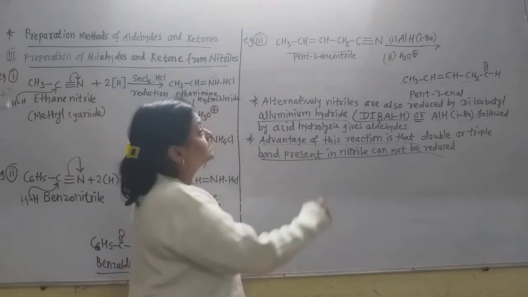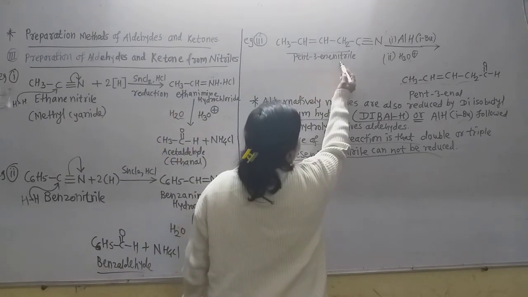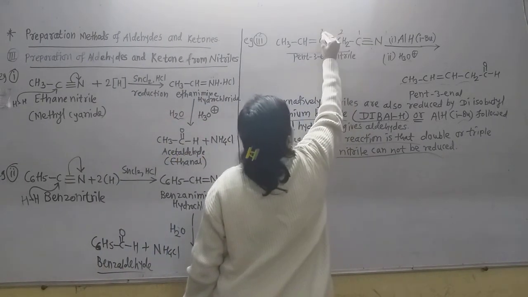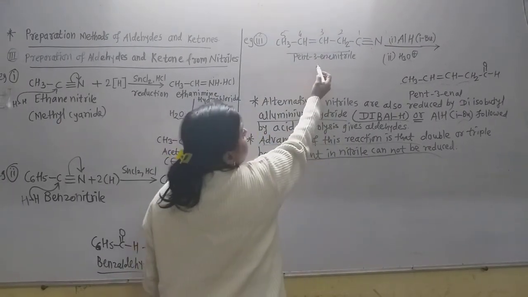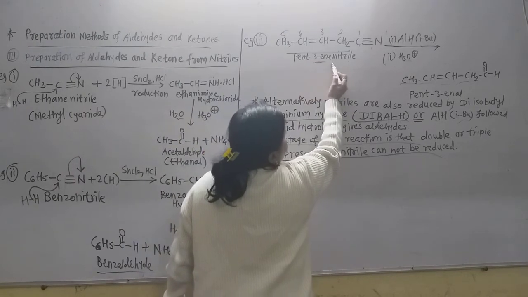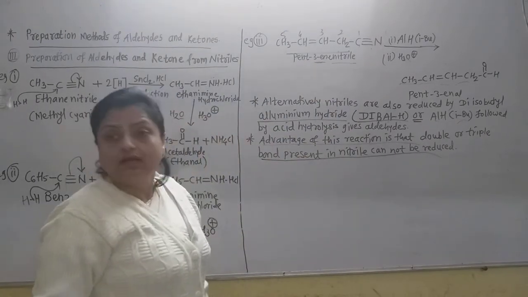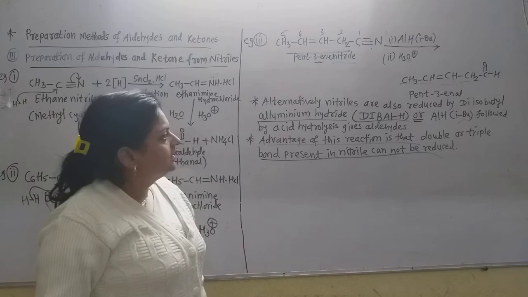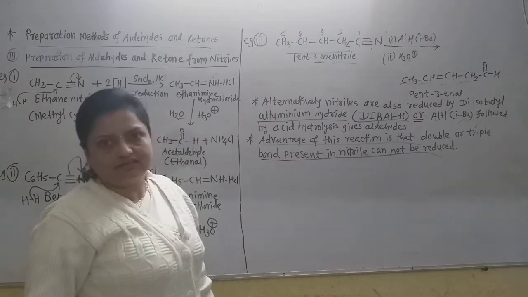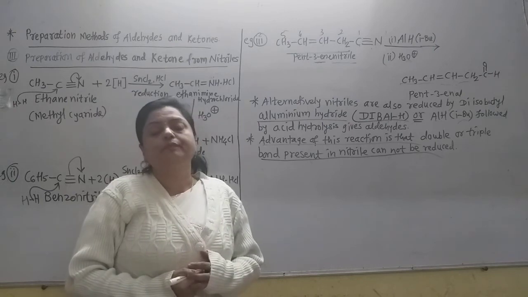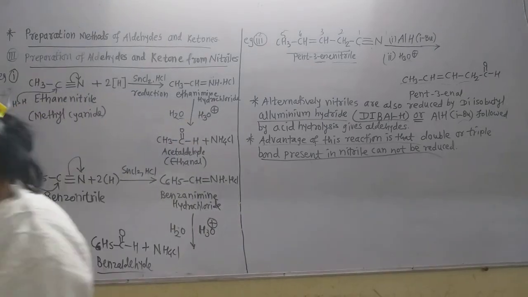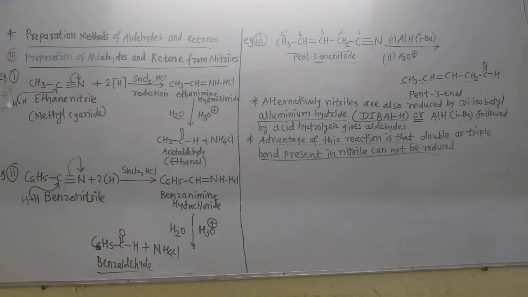Now the name of this compound is pent-3-enenitrile. 1, 2, 3, 4, 5. So at the third carbon there is the double bond, so ene is there, and this is pent-3-enenitrile, and the compound obtained is pent-3-enal, that is the IUPAC name. Now this is our third method of preparation of aldehydes.